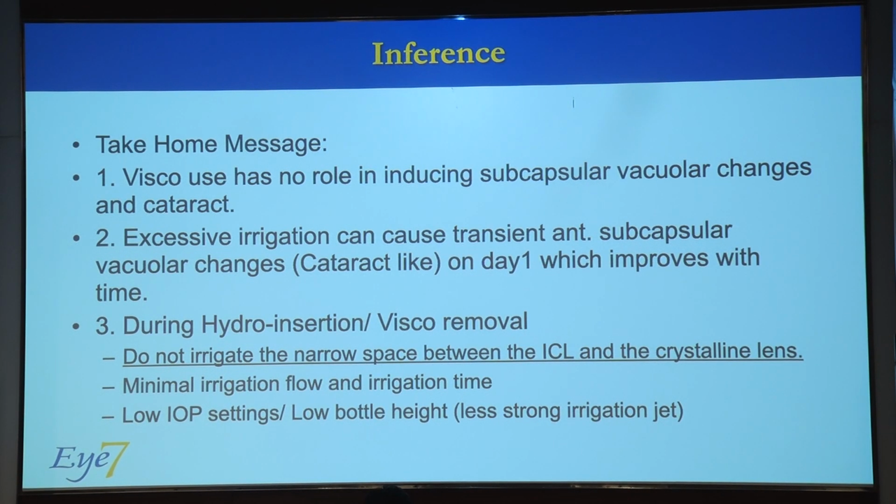Because when we go beneath the ICL, the space is very narrow and it hits the anterior capsule and brings about these vacuolar changes. And even if you do the irrigation, flow and irrigation time should be very minimal. If we have Centurion or another machine, we can try the low IOP settings, or we can keep the bottle height low so that the irrigation flow is lower.